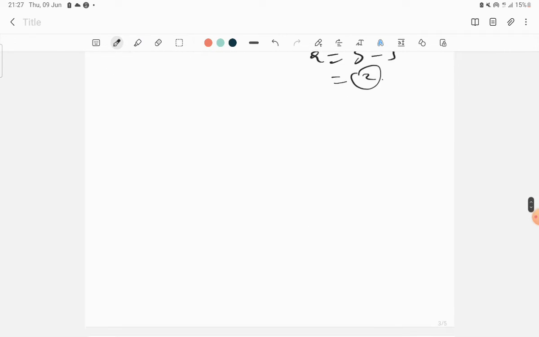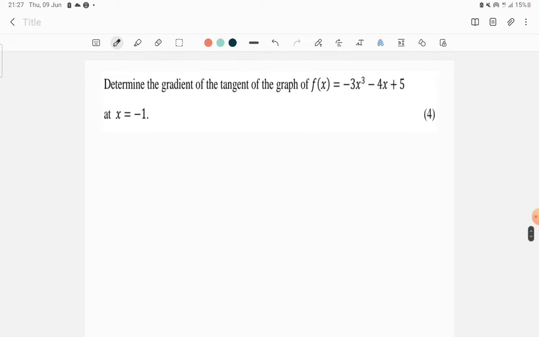Let's take the next one. It says determine the gradient of the tangent of the graph of f at x is equal to negative 1. This seems to be similar, but now we're looking for the gradient of the tangent.